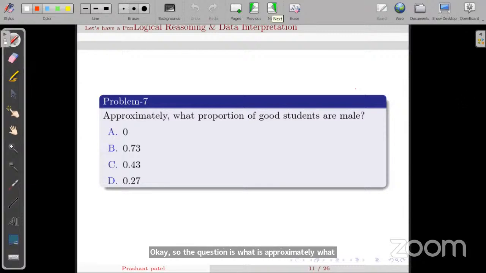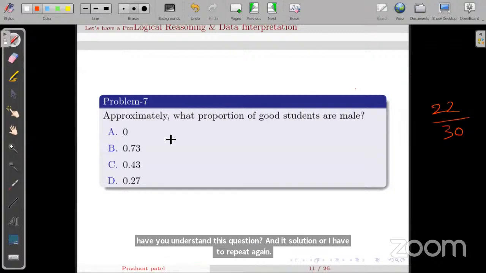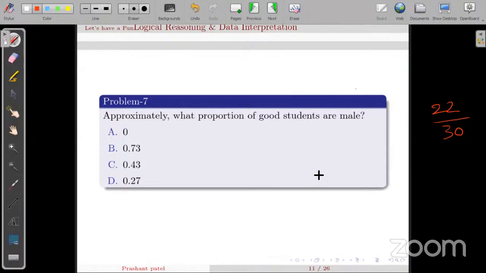So obviously it is 22 by 30 we have. So have you understood this question and its solution, or do I have to repeat again? Okay, fine, Vidhi said yes. So then we'll move on to the next question.